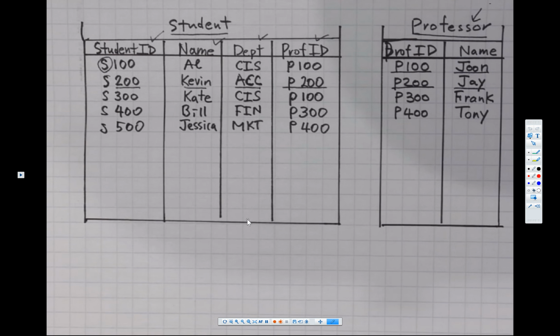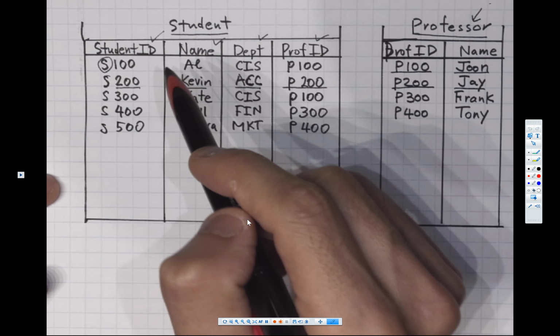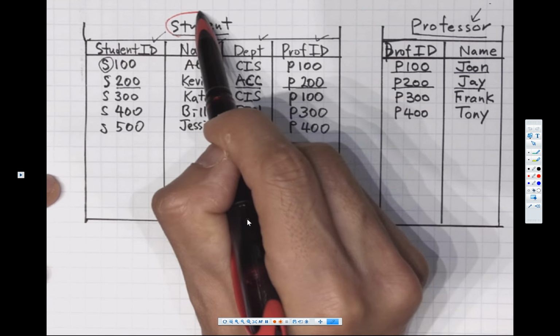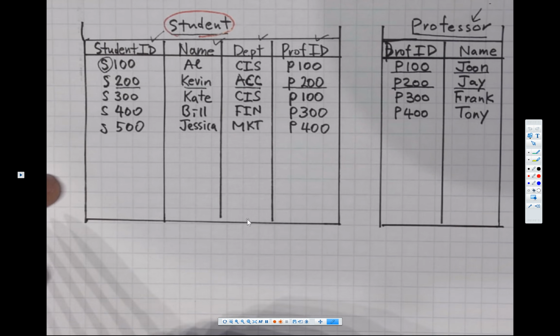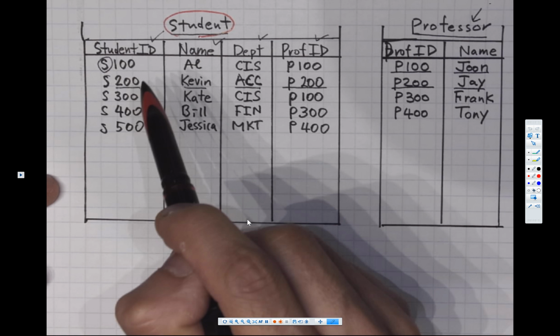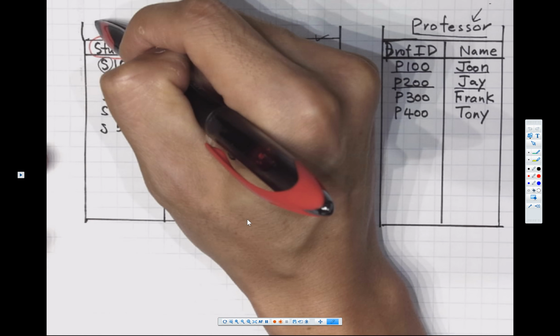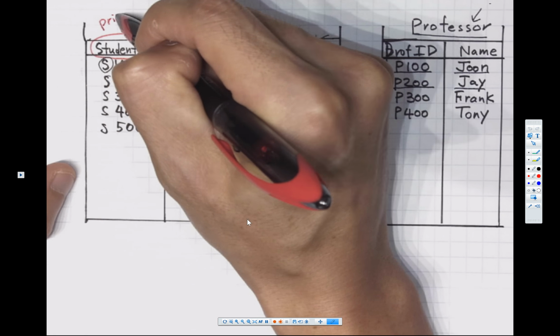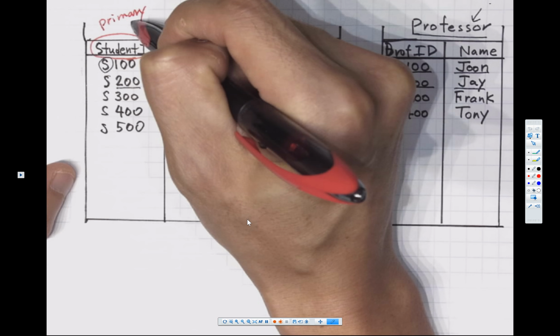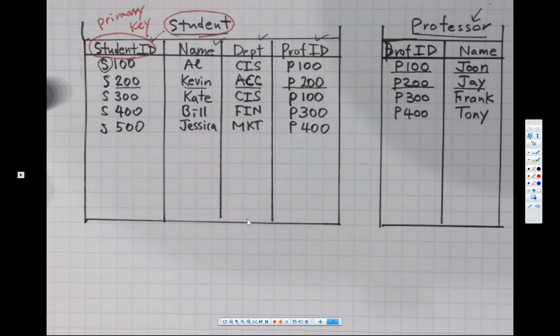Before we find the relationship between the two tables, let's first find the primary key for each table. For example, for the student table, the primary key is student ID, which is obvious, because this primary key is unique.